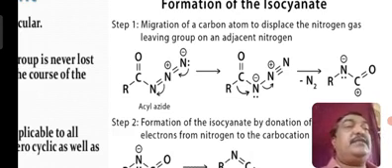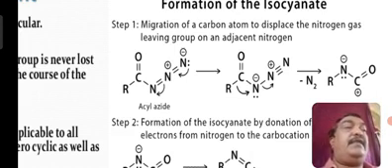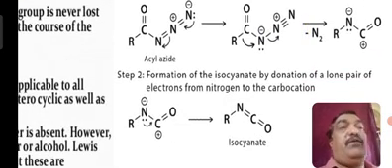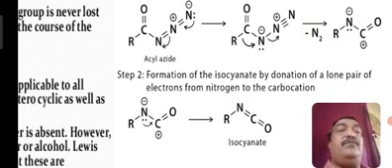Okay, you can see the next part, RN plus, C double bond O. This is an intermediate cation where the migration or rearrangement of the alkyl group can occur. In the next step, how will the isocyanate form? You can see the lone pair of electrons from the nitrogen will shift towards carbon.